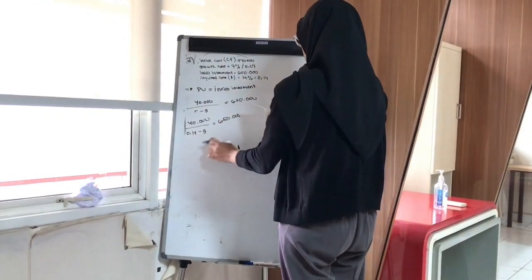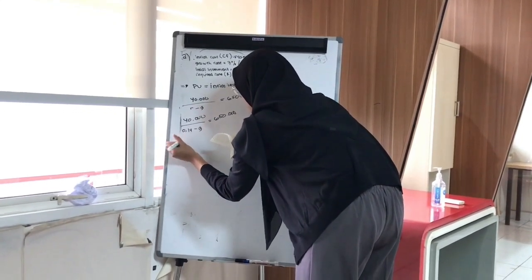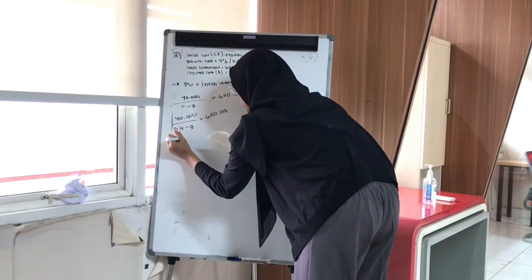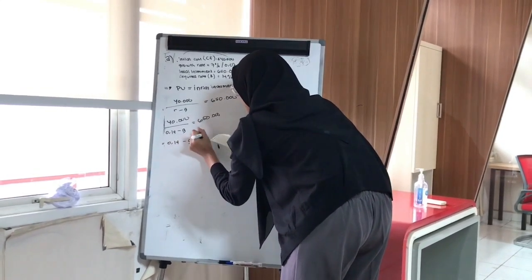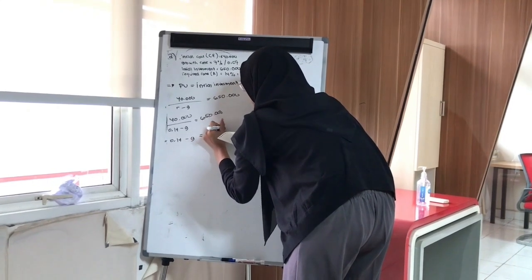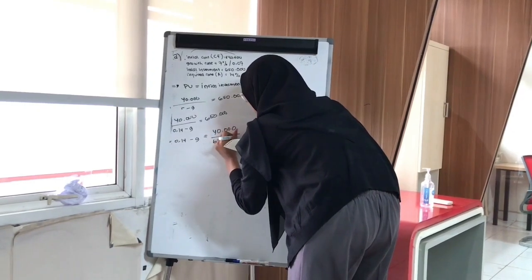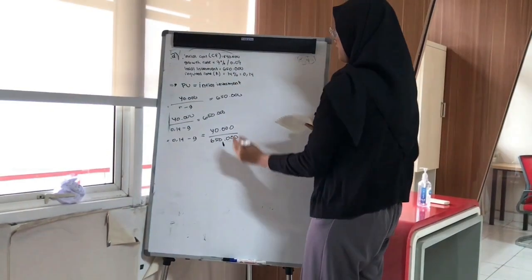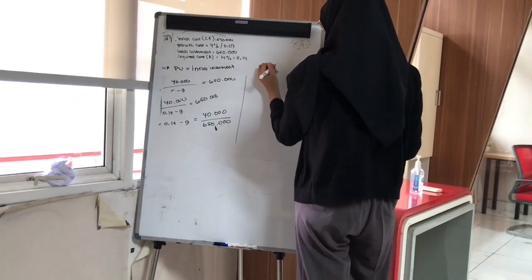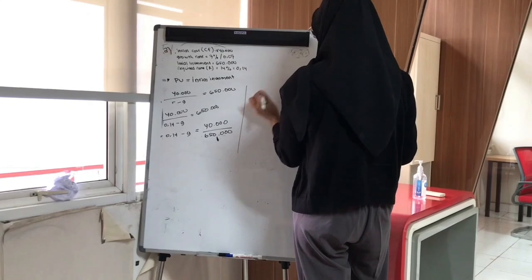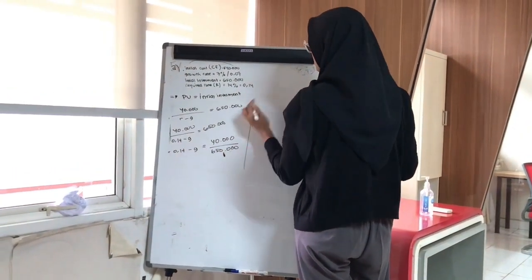So for this, we change it to 0.14 minus growth equals 40,000 divided by 650,000. After that, we calculate them and move this to here.